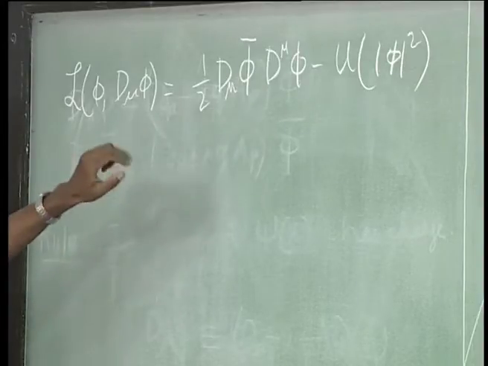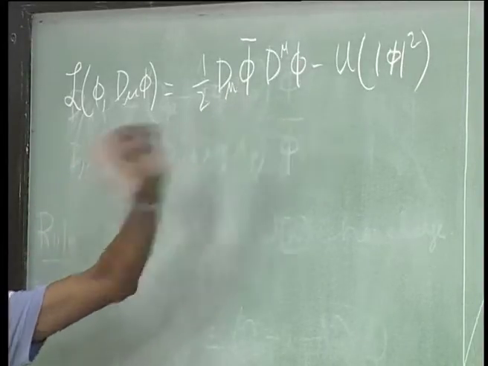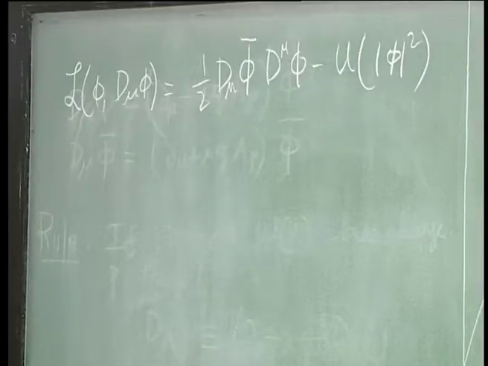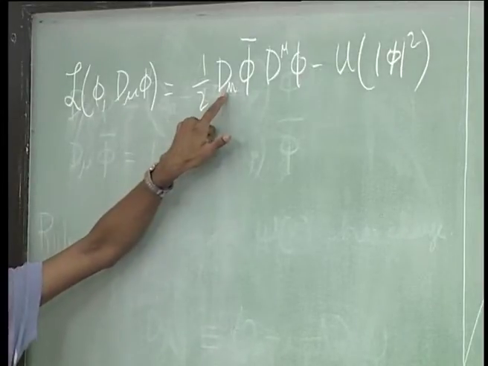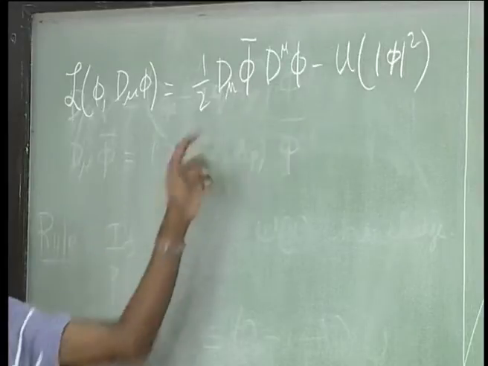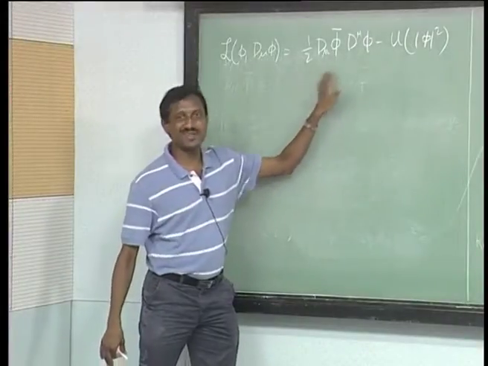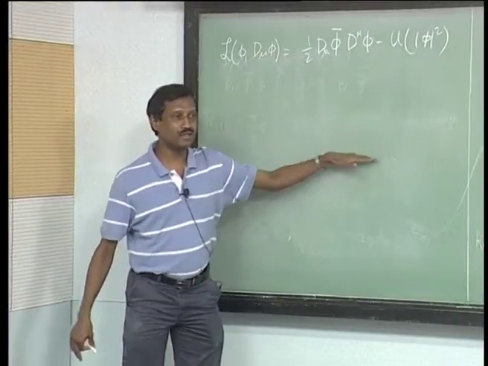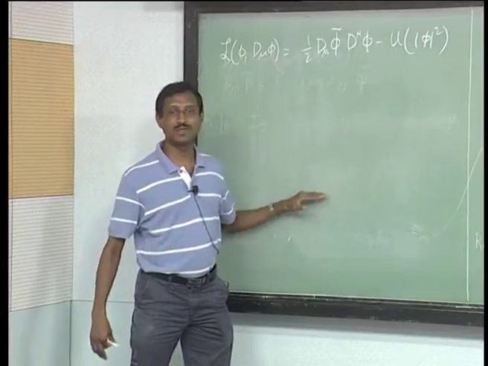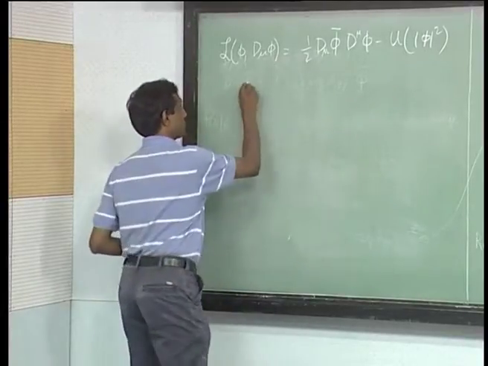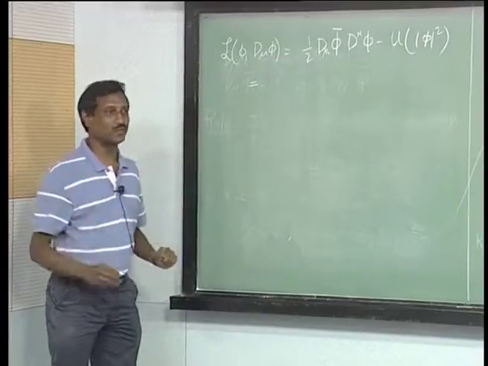So, what I want to do here is to write everything out and expand it as a power series in mu. There is one mu buried here, there is another mu here. So, there will be a piece which is independent of that, then a piece linear in that, and a piece quadratic in that. And the linear piece is the interesting one.